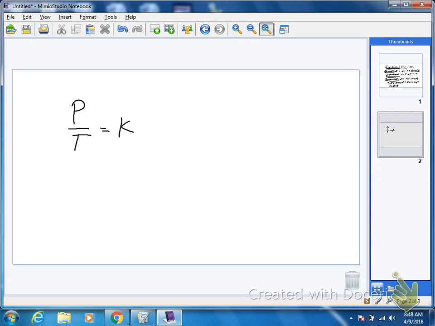Let's say you have trial 1 and trial 2 and you have the results for it. Basically, this is trial 1's pressure and trial 1's temperature. And then you're going to compare it to trial 2's pressure and temperature. They're going to equal, right? Because they all come out to the same constant value.